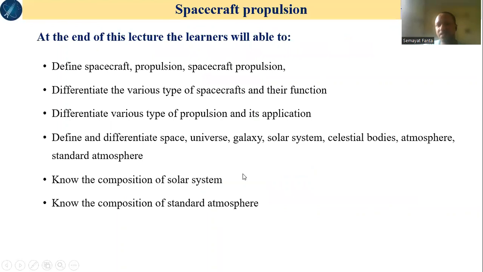So at the end of this lecture, you will be able to define what a spacecraft is, what propulsion is, and spacecraft propulsion generally. You will identify the various types of spacecraft and their function, and differentiate various types of propulsion and their application. You will define space, the universe, galaxy, solar system, celestial bodies, the atmosphere and the standard atmosphere, the composition of the solar system itself, and the composition of the standard atmosphere.